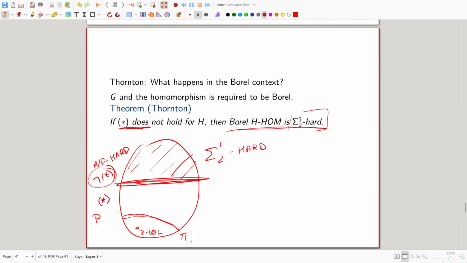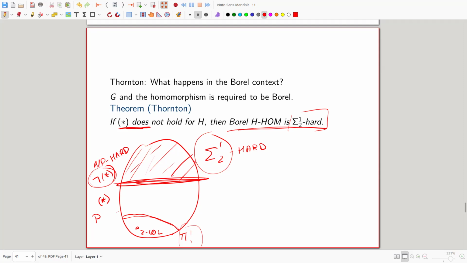So the problems which are hard in the Borel context are going to be exactly the ones which are hard in the classical context, and everything else, the easy ones, are going to be pi 1 1. This would be some evidence that this is not just a fake split but the right split, because these classes sigma 1 2 and pi 1 1 do not coincide in the Borel case. We can prove that. So this would be very nice.